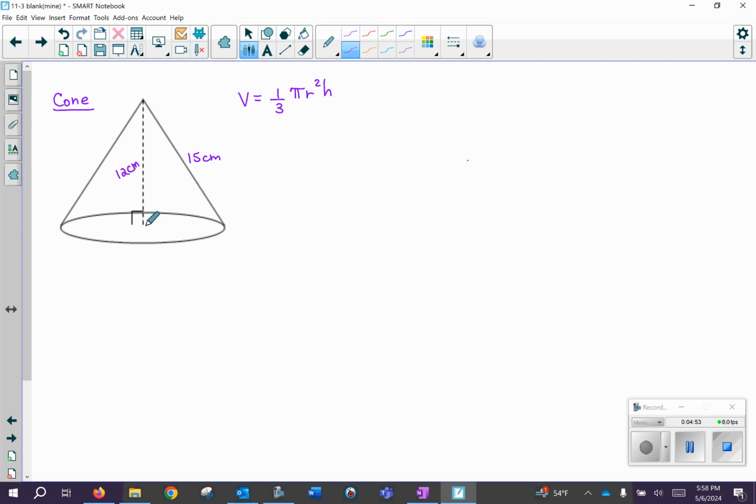So the radius would go from here to the edge. By definition, we said the height comes from the top down to the middle and meets at that right angle, so of course that's meeting the radius. So we really should be focused on this right triangle that I've just drawn in pink. You have 2 out of 3 sides of a right triangle. Again, that stuff's not going to go away. It's back to reducing triples, Pythagorean theorem.